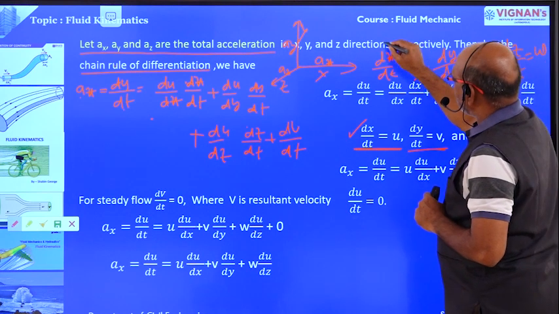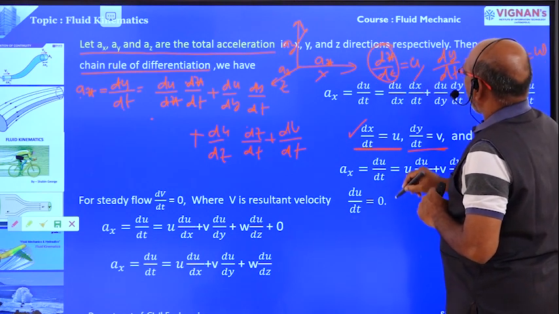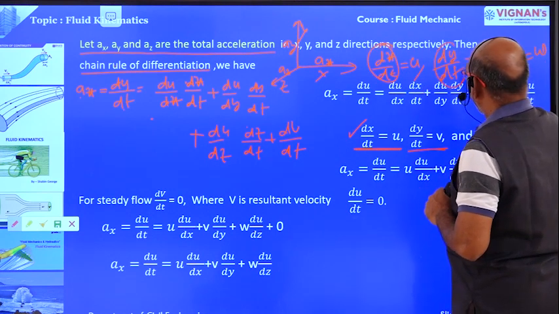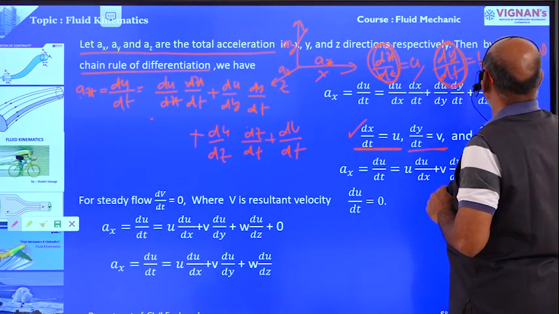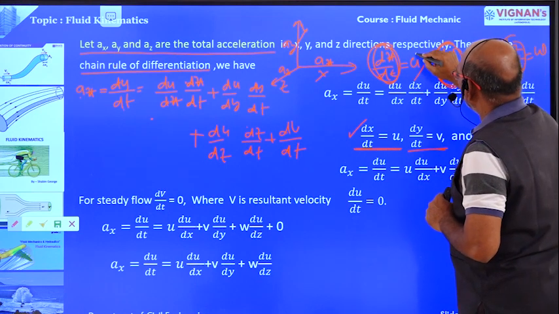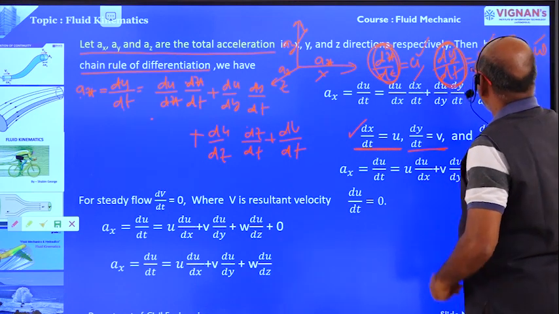Now in place of dx by dt, dy by dt, dz by dt, we are going to substitute the values u, v, w.